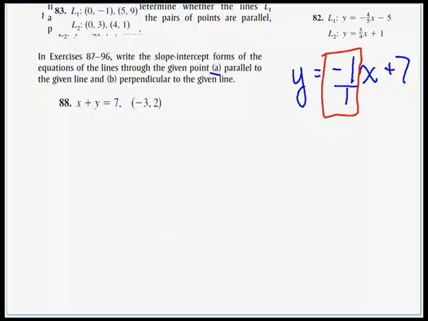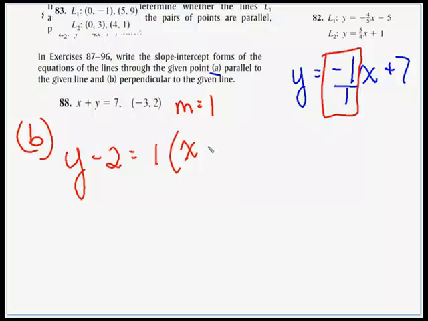Part B is the perpendicular line. So for part B, this slope is negative 1 over 1. Its reciprocal, I'd flip that over and we'd still have 1 over 1, but now it's positive. So now for perpendicular, our m is positive 1. So y minus 2 equals m times x minus negative 3, which would turn into a plus 3.